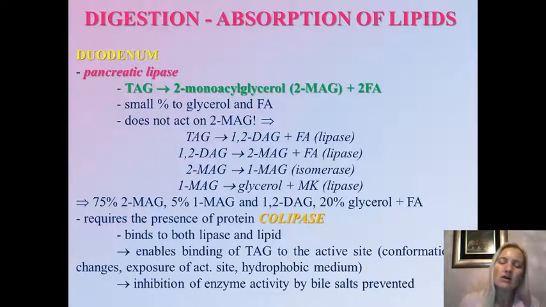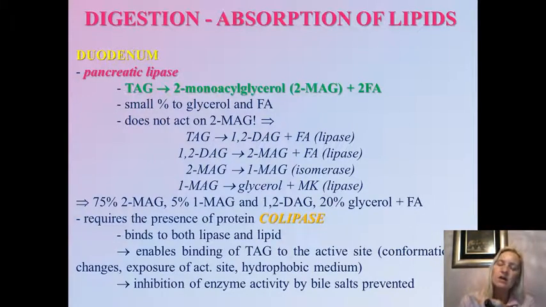So binding of colipase is going to do two things. First, it's going to enable the upcoming binding of 3-acylglycerols to the active site. Why is that so important? Because in pancreatic lipase, the active site is protected by one part of the molecule, so 3-acylglycerol cannot bind to the active site.